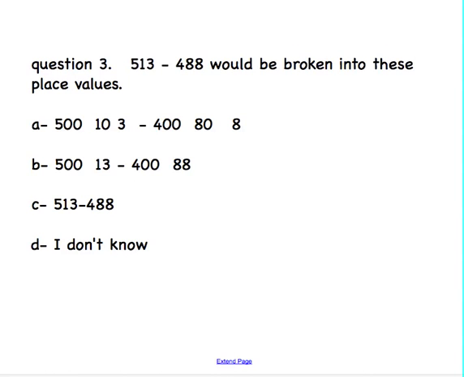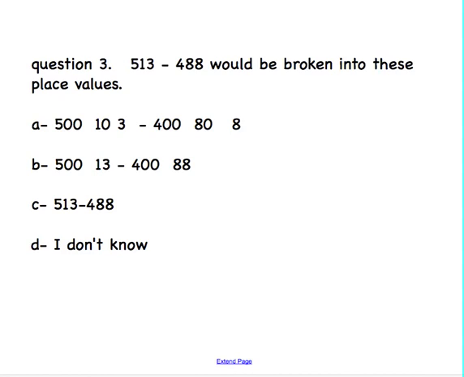Question 3. 513 minus 488 will be broken into these place value parts. A, 500, 10, and 3 minus 488. B, 513 minus 488. C, 513 minus 488.